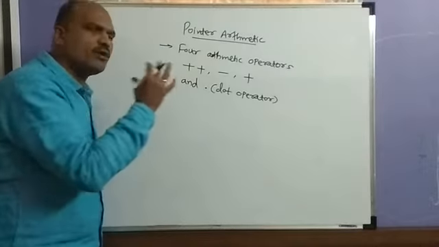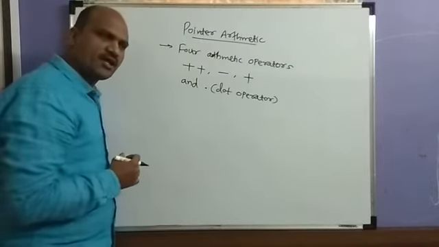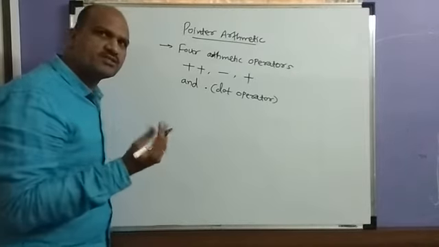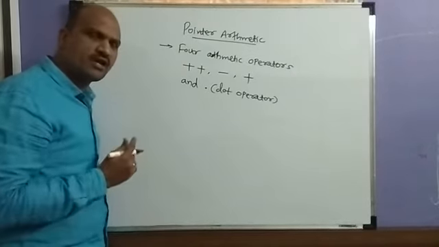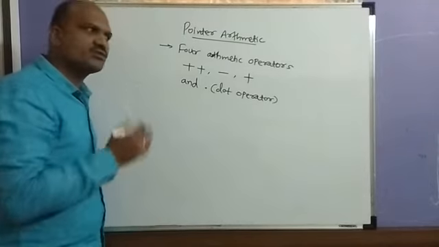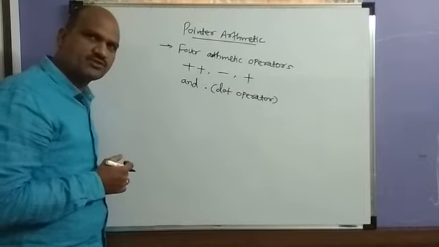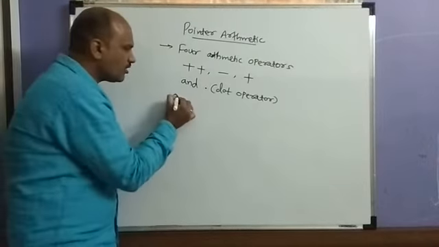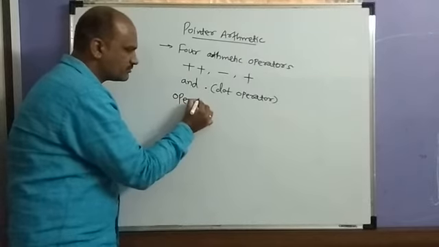When you are going into pointer arithmetic, you should remember what operations can be performed and what operations cannot be performed with these arithmetic operators. So what operations can be performed?